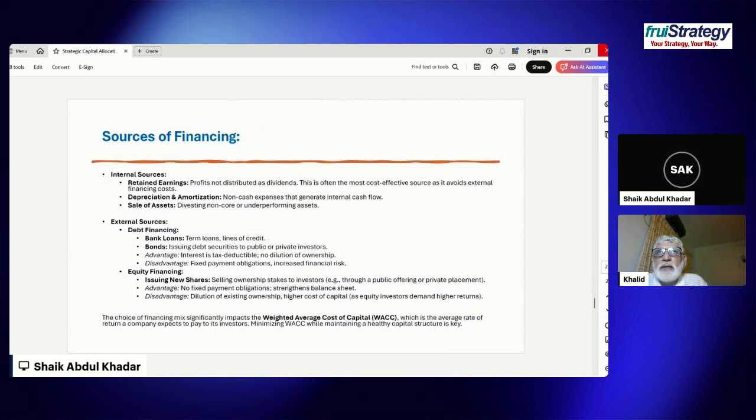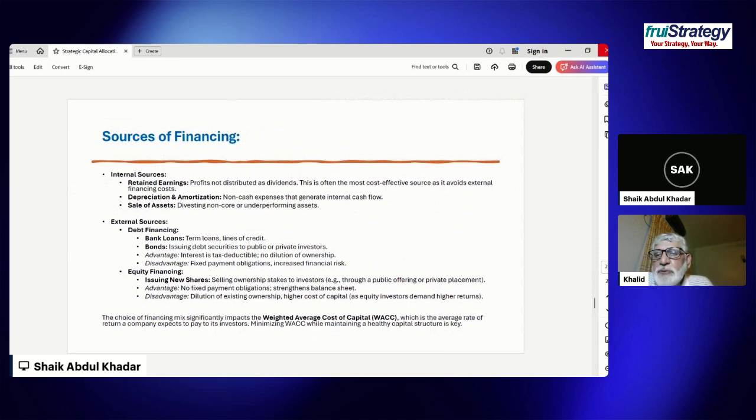So this releases another set of cash available for investment. And lastly, as mentioned, the divestments, sale of assets, and divestments of non-core or underperforming assets can also generate internal cash. So the Unilever sale of tea business or margarine business, or the Novartis sale of OTC business generated cash for the group, which they can deploy in their next projects.